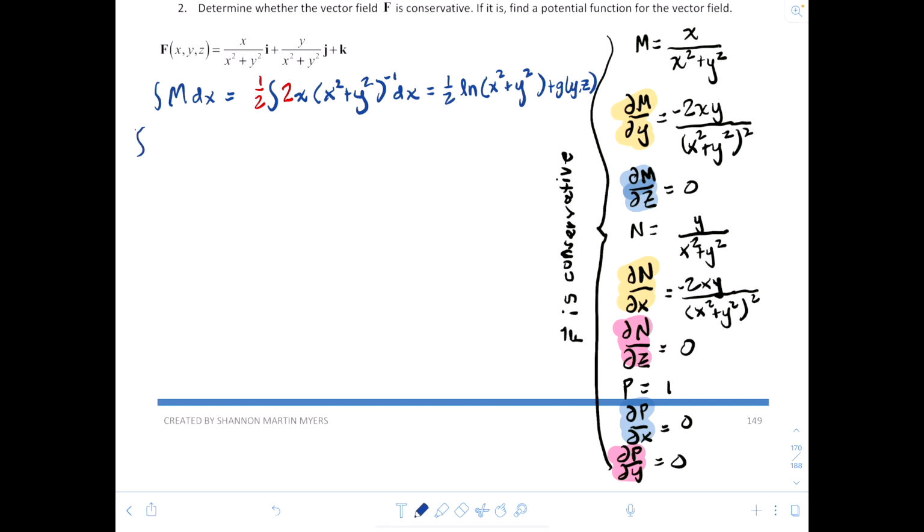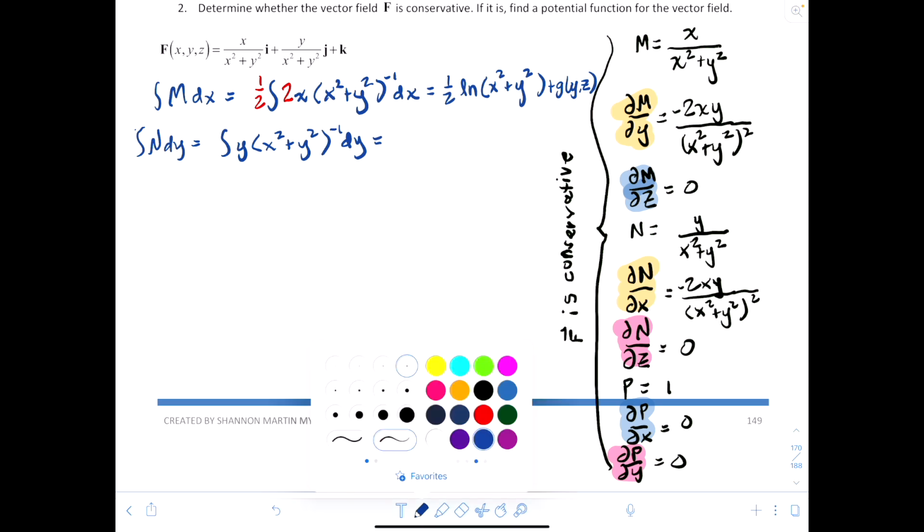And that will be plus some g of y and z. The integral of n with respect to y is going to be the integral of, so n was y times (x squared plus y squared) to the negative 1, but this is with respect to y.